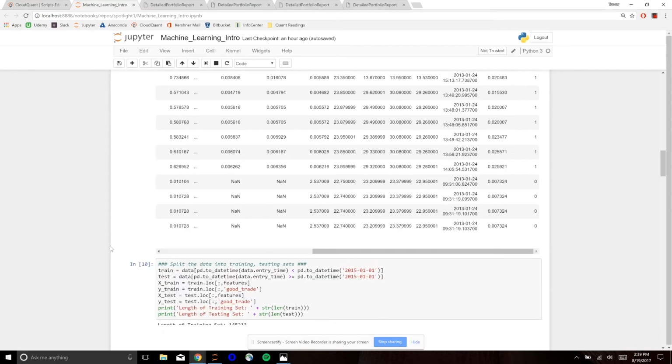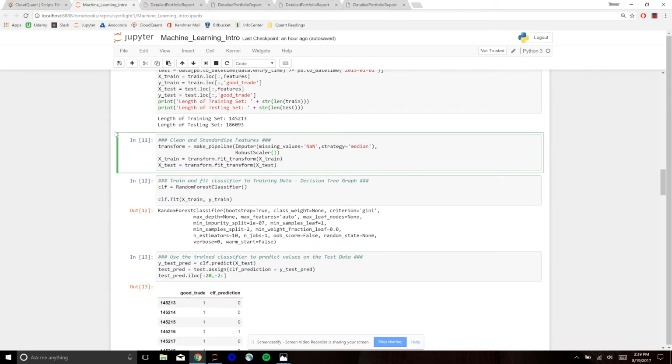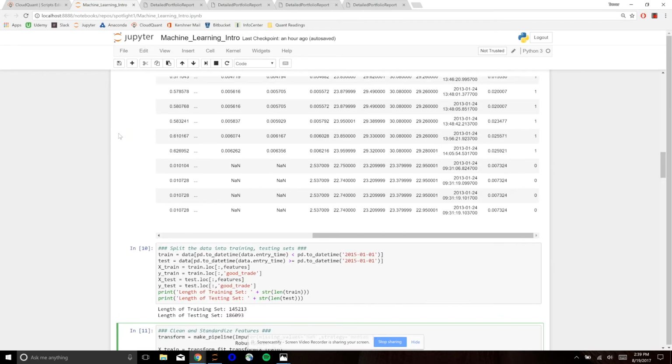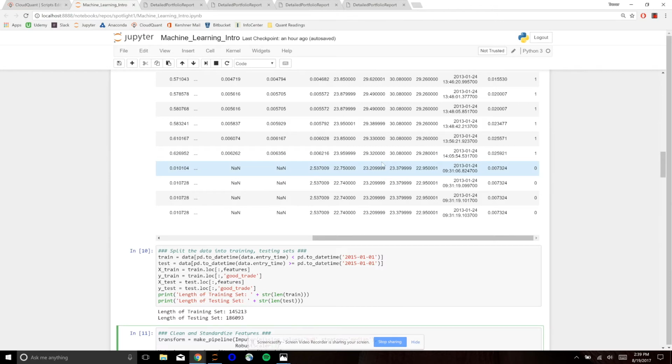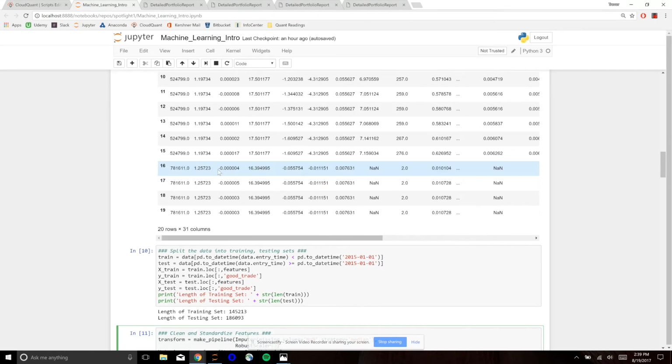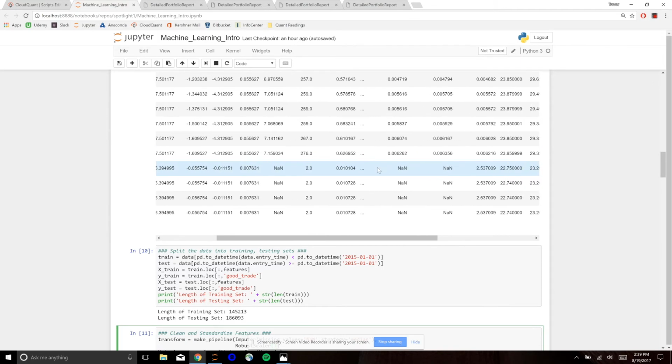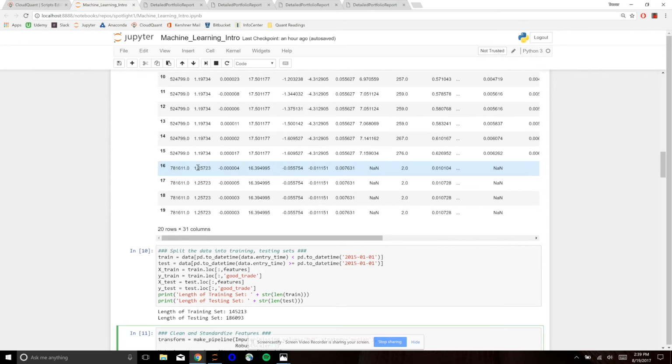But at some point, you may just have some Nan values remaining, and you don't want to throw out that entire trade because it still has 28, or I guess this one, 27 good data points about it. There's just 3 data points here that are Nan. So we still want the algorithm to look at and learn from these 27 data points that are good and make rules based on these 27 data points.